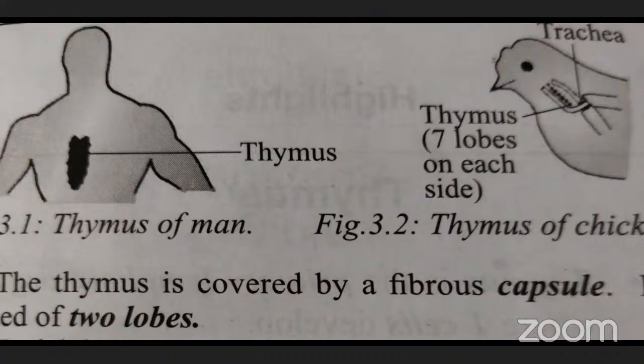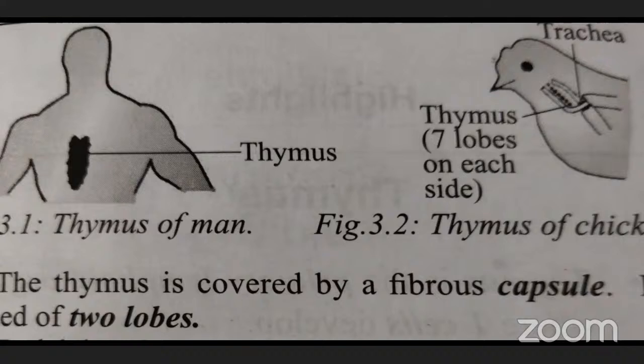It reaches about 40 grams by puberty. Thereafter, it slowly atrophies. So initially the weight is low, and after birth it increases its size up to 40 grams.